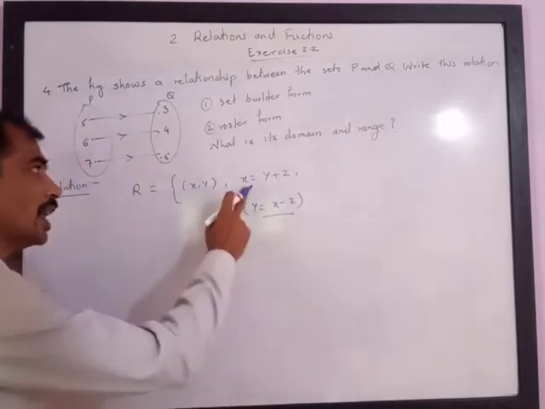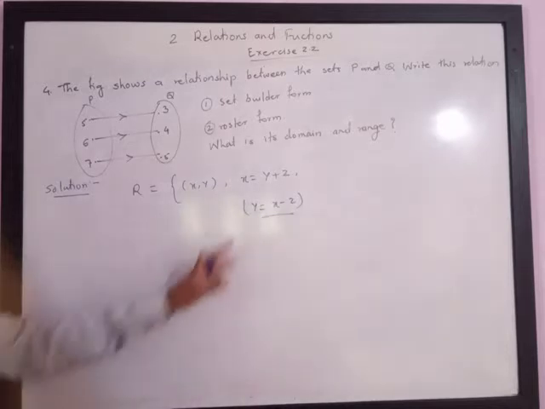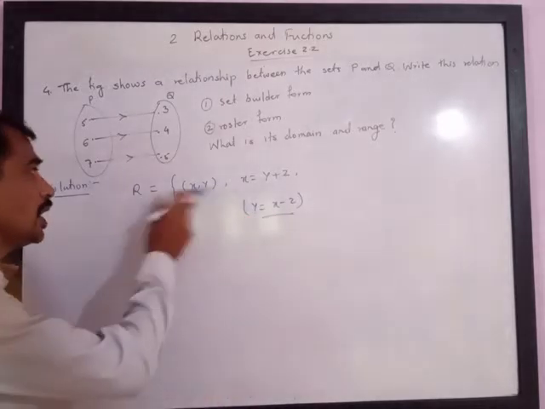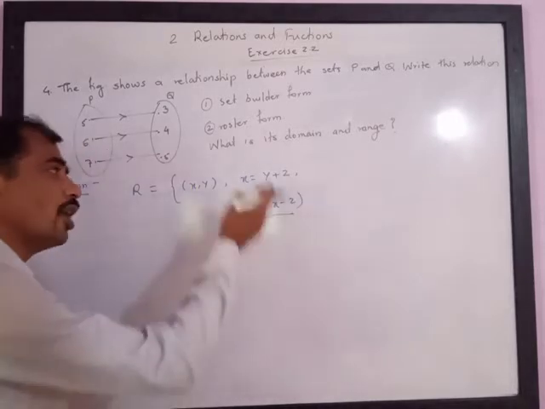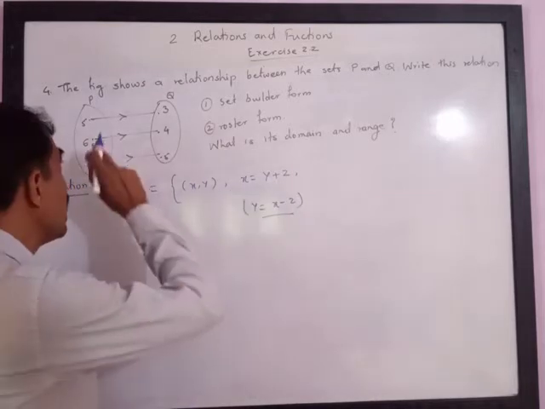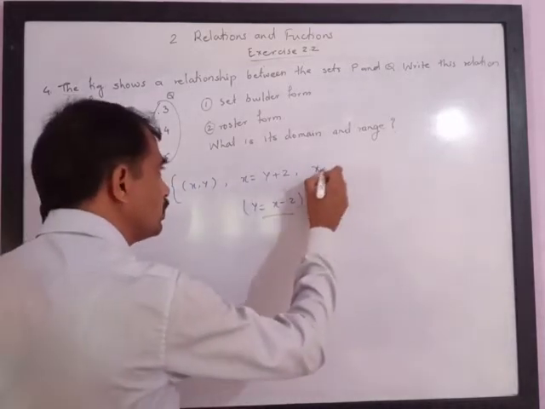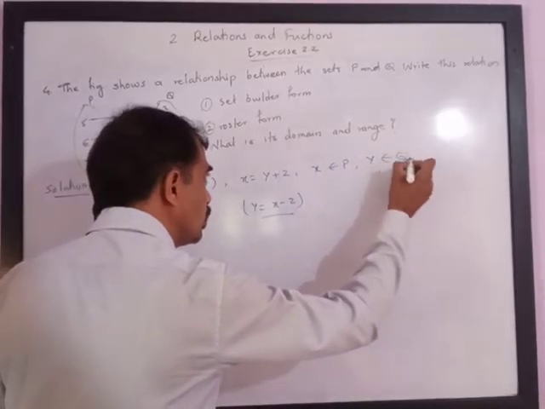Watch carefully. x is equal to y plus 2 or y is equal to x minus 2. So it is a relation of x and y such that x is equal to y plus 2, or you can say y is equal to x minus 2, where x belongs to P and y belongs to Q.